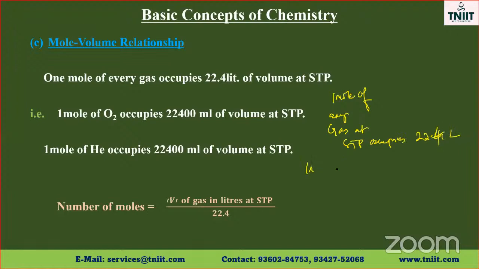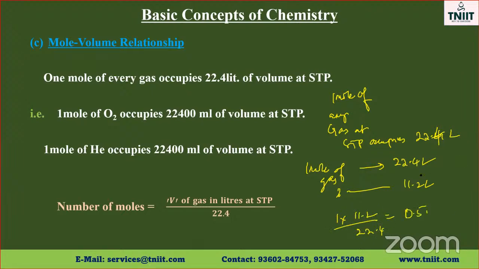So 1 mole of a gas occupies 22.4 liters. If we say 11.2 liters, what will be the number of moles? It will be 1 into 11.2 divided by 22.4. It's cross multiplication. It will be again 0.5 moles. You can have different volumes. I've just taken 11.2 for our understanding.